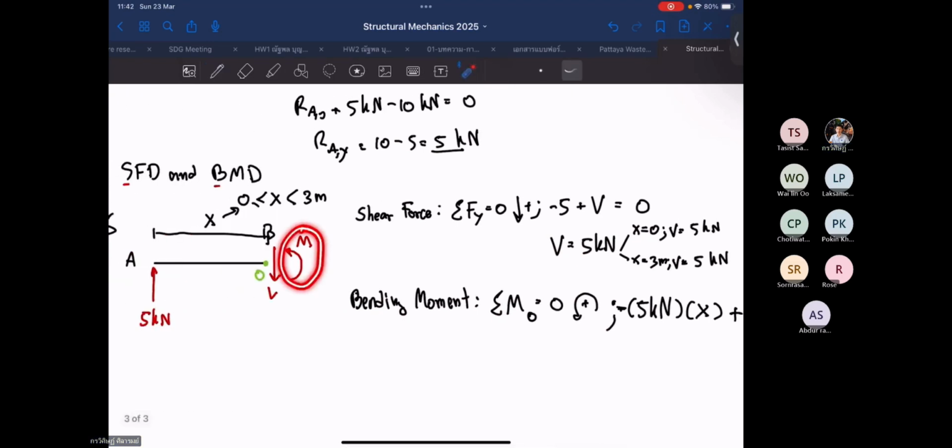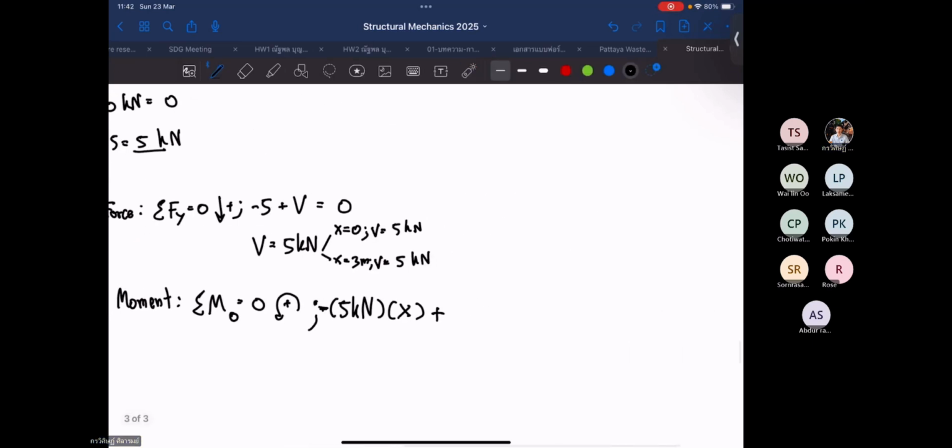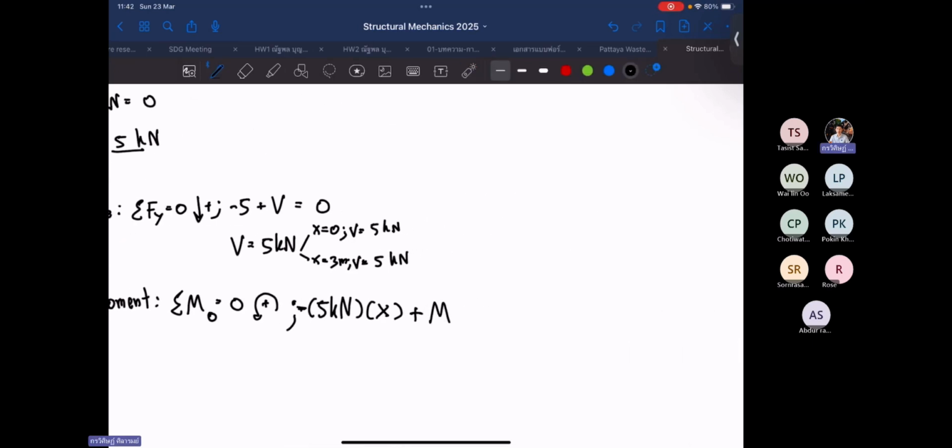Then plus this internal moment must be equal to 0. Then M must be equal to 5x. If x equals 0, M equals 5 multiplied by 0 equals 0.